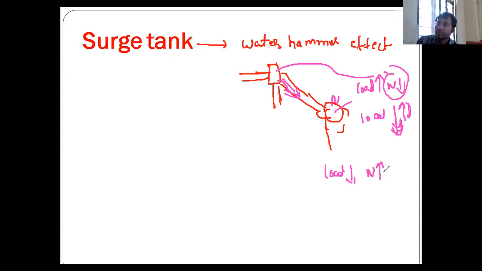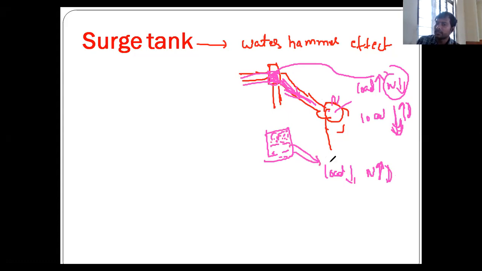So to maintain the constant speed of the turbine, the water will be sent back toward the reservoir, but the reservoir cannot accept the changes, so whatever water is available, this is generally kept empty.